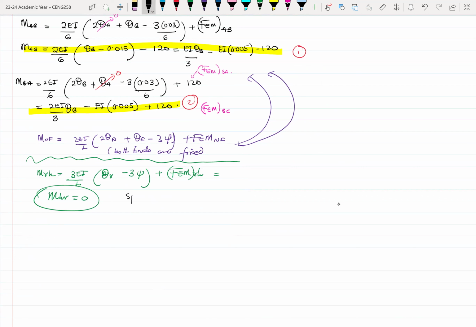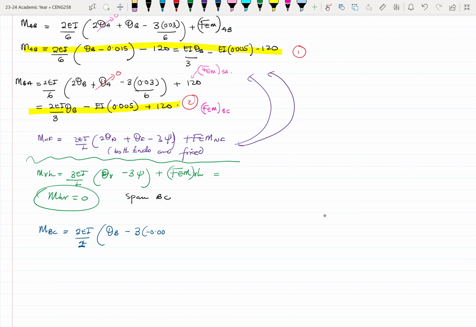So for span BC, we have MBC equals 3E, and the L is 2 meters, then theta B minus 3 psi, where psi from the previous calculations is 3 into bracket minus 0.003.